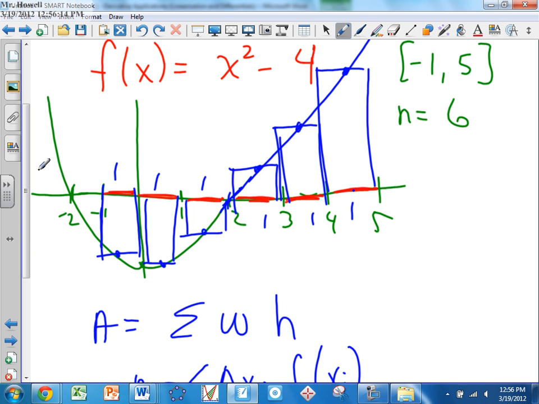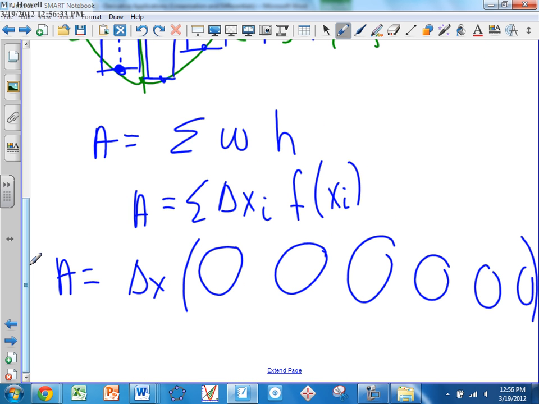The midpoint. Very good. So the height of this function is designated by this location right here, really, right? Which is the midpoint because I'm using MRAM. If I was using LRAM, I would have used the point on the left here. So this is f of what? -0.5. So I have to evaluate my original function at -0.5. So this first one is f of -0.5.